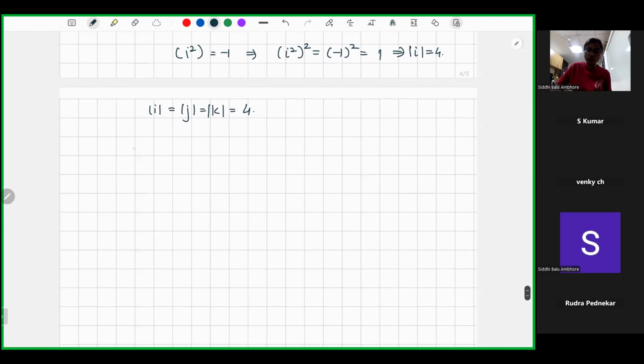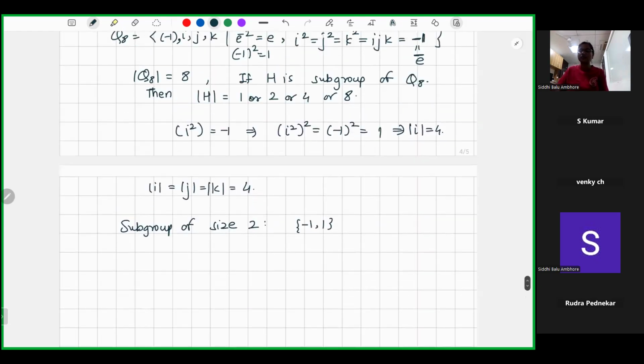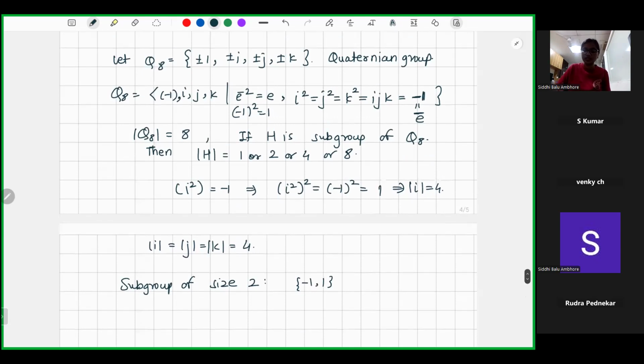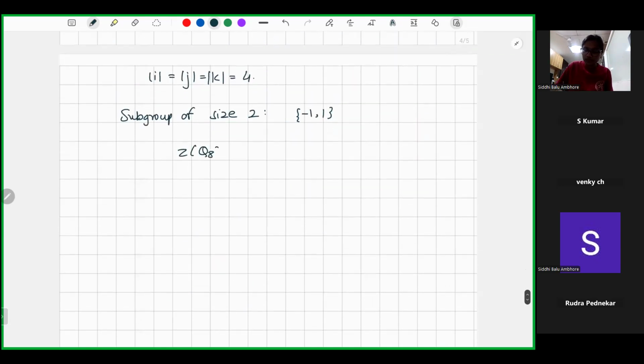So a subgroup of size 2 is only this subgroup, minus 1 and 1. This is the only possible group of size 2 here. And you can check that minus 1 commutes with every other element, and 1 also commutes with every other element. So this is actually the center of this group, minus 1, 1.